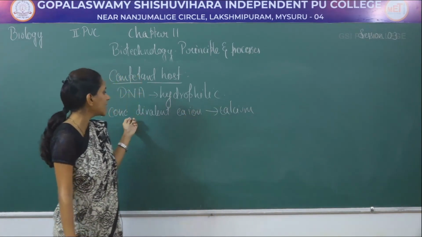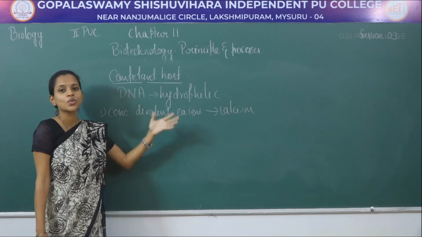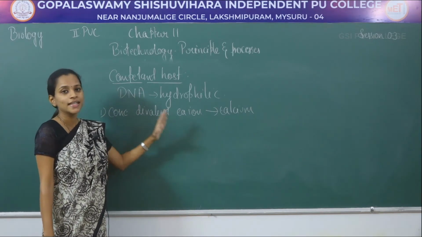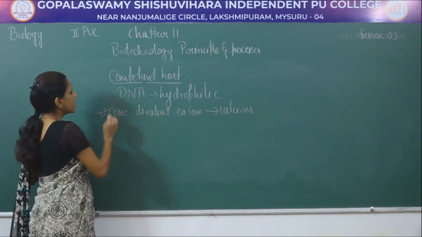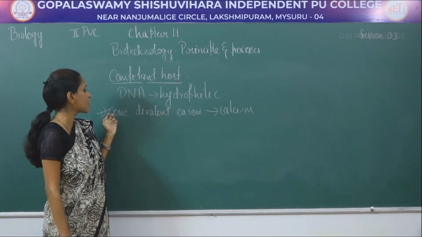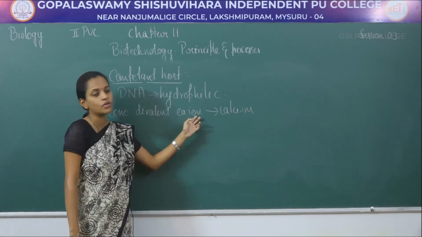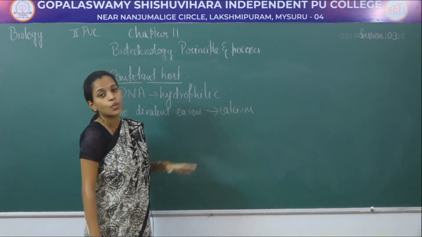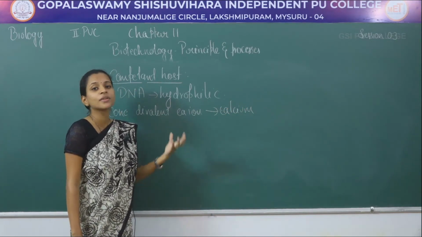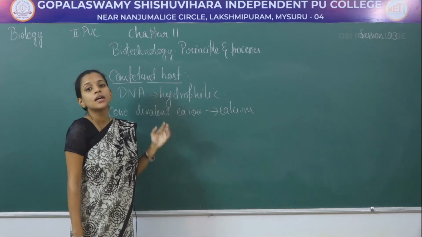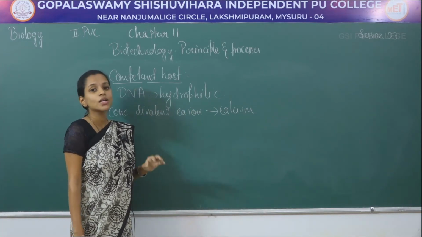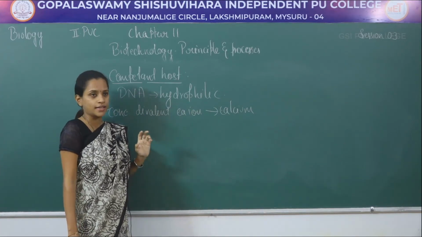So, the ability of the bacteria to accept or take up the alien DNA increases. That is the first method.